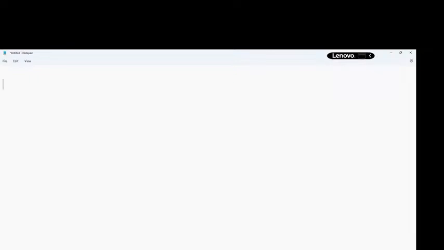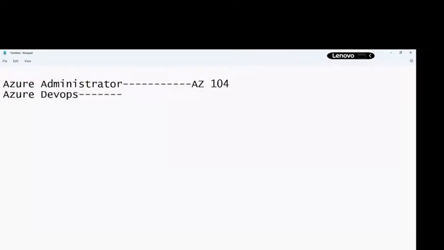The main ones I can suggest: the administrator certification paper is AZ-104. Next, Azure DevOps, the certification paper is AZ-400.